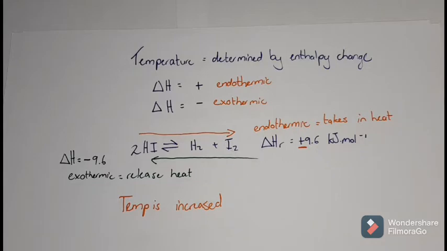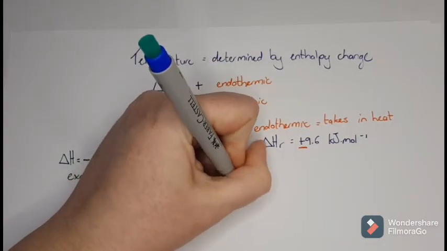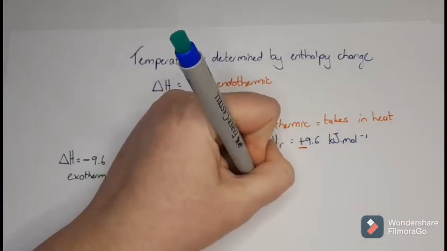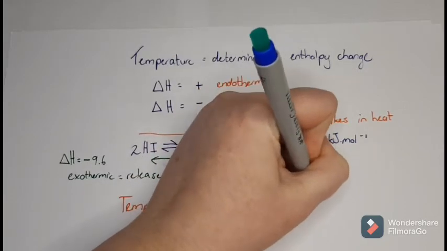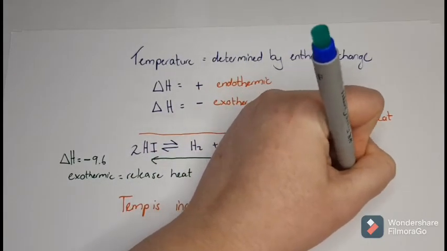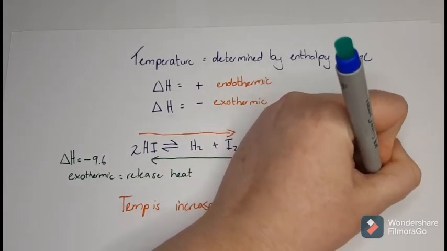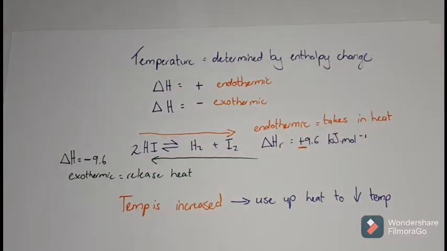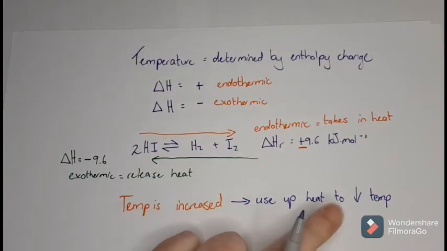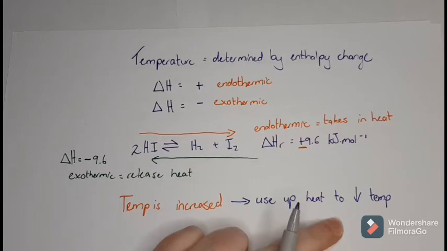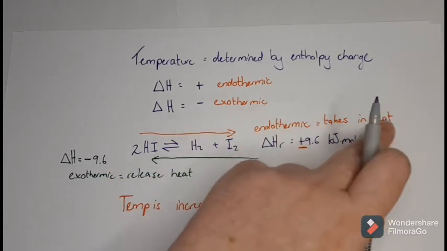So to get back to what I was, I need to use up the temperature. So if I increase the temperature, I want to use up the heat to decrease the temperature to get back to what I was.